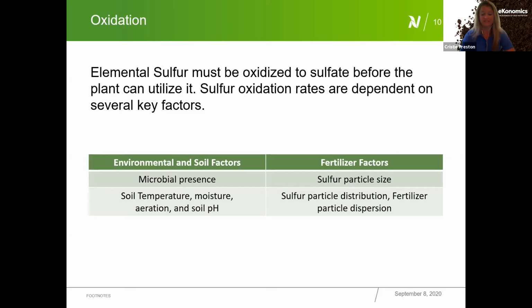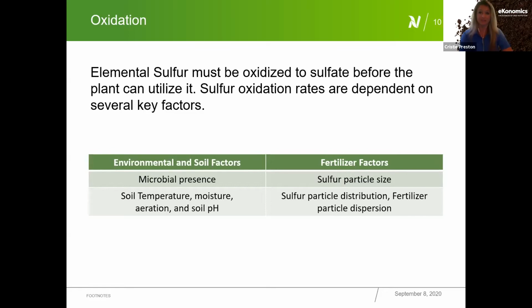So anything that affects the microbes, whether it's soil temperature, moisture, aeration, or soil pH, that's going to affect the oxidation rate. Same as the mineralization process, if your soils are, say, below 50 degrees Fahrenheit or 10 degrees Celsius, then you might see slower oxidation rates because the microbe activity has slowed down.